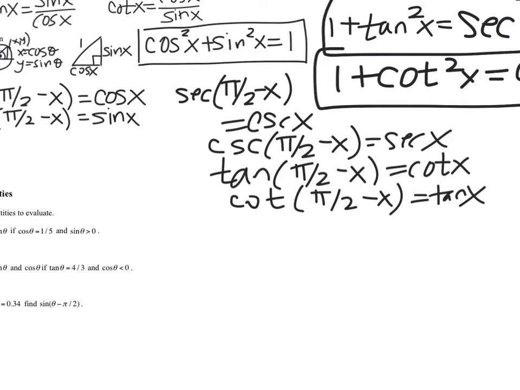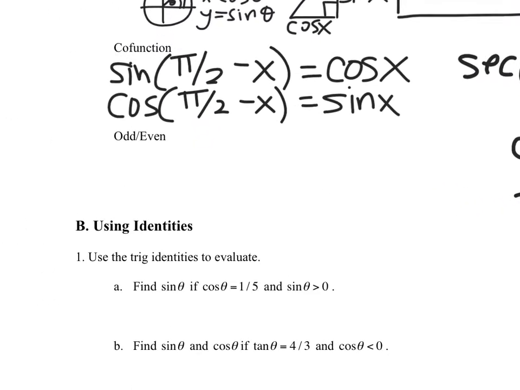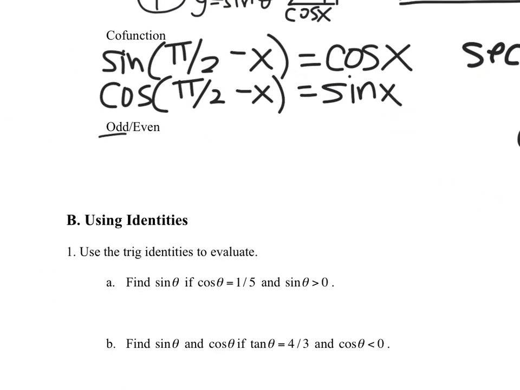All right, out of our 6 trig functions, 2 of them are even and 4 of them are odd. Okay? So the odd ones are going to be sine, cosecant, tangent, and cotangent. So what it means to be an odd function is if you take the sine of negative x, it's equal to the negative sine of x.